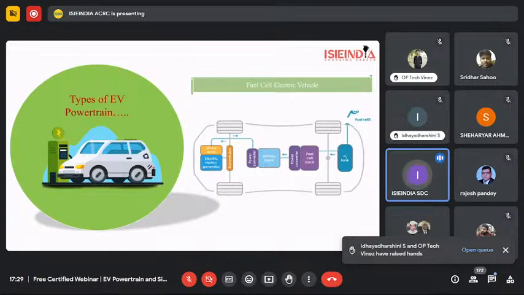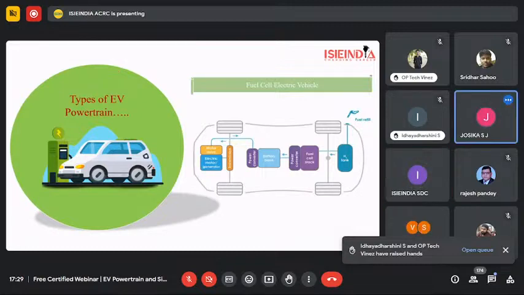Hydrogen is the most abundant element, present everywhere. Why is this type of vehicle not gaining popularity or not implemented in our transport? What is the reason?